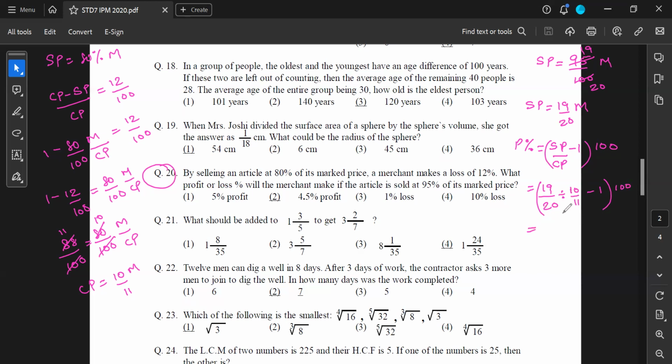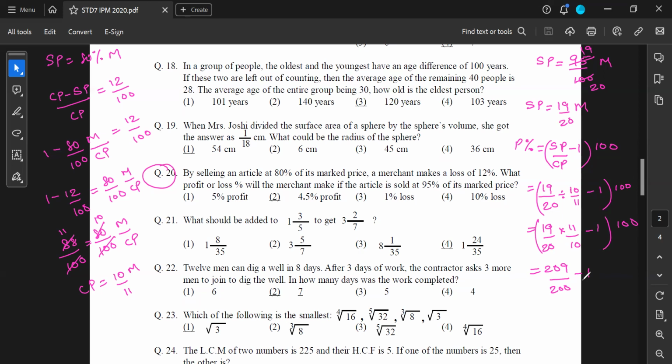So that should give me 19 upon 20 multiplied by 11 upon 10 minus 1. That should give me 19 multiplied by 11, which is 209, divided by 200, minus 1.